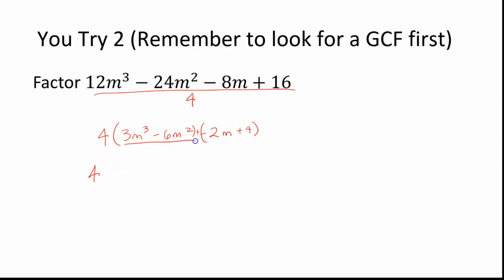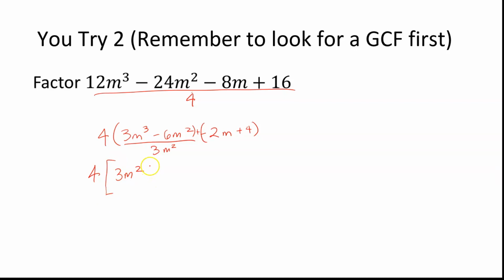The greatest common factor of my inside, right here, inside this parentheses, is 3m squared, right? They both are divisible by 3. They're both divisible by m squared, right? So what I'm going to be left with after I'm taking this 3m squared out, I'm actually going to put a little bracket here to remind me to keep this 4 separate.